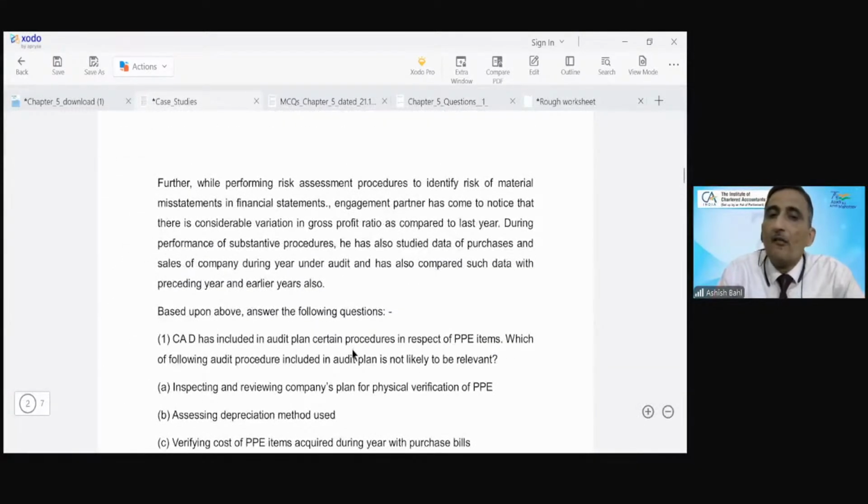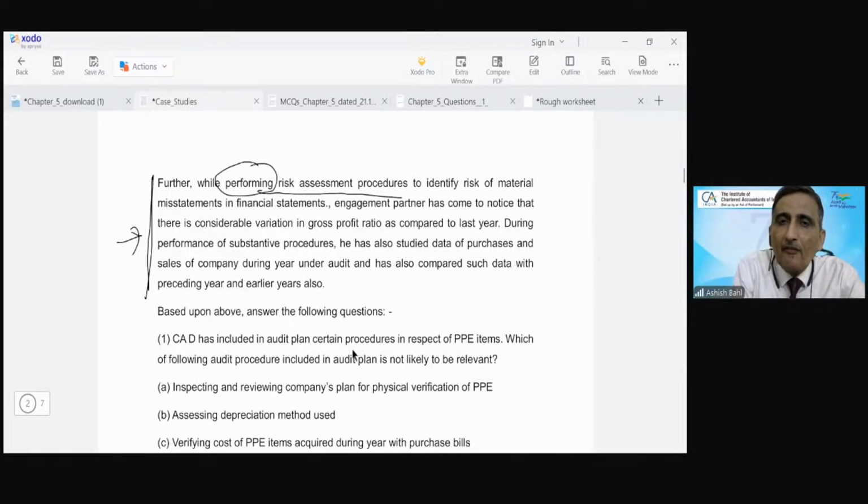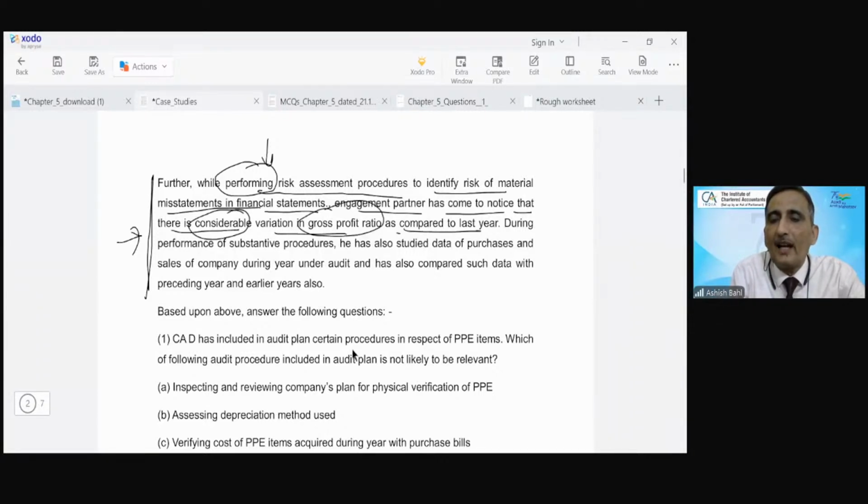Further, the planning part is now finished. Now, while performing risk assessment procedures to identify risk of material misstatement in financial statements, it has come to the engagement partner's notice that there is considerable variation in gross profit ratio as compared to last year.